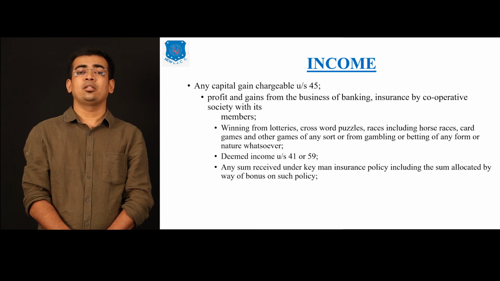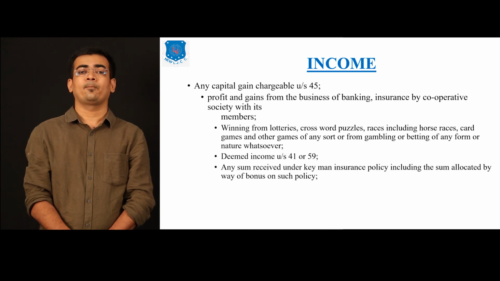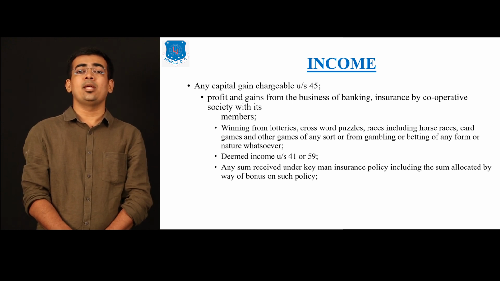Winnings from lotteries, crossword puzzles, races including horse race, card games and other games of any sort, or from gambling or betting of any form or nature whatsoever. Deemed income under Section 41 or 59. Any sum received under a keyman insurance policy including the sum allocated by way of bonus on such policy.